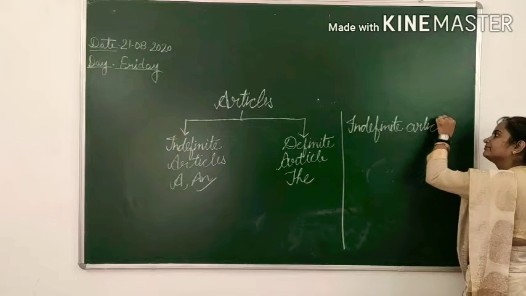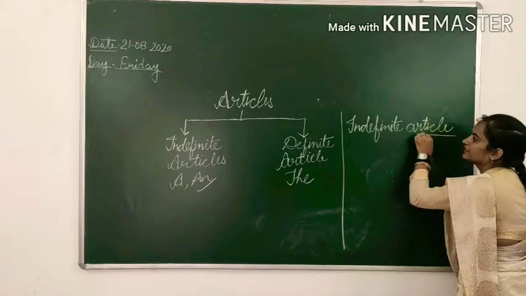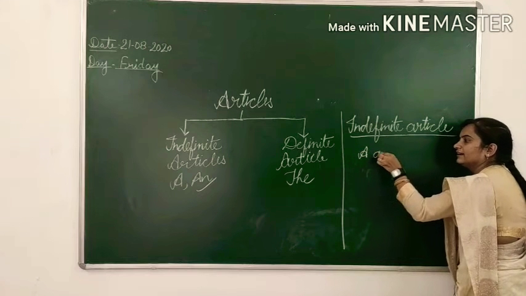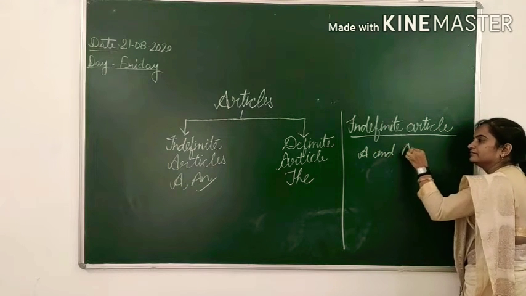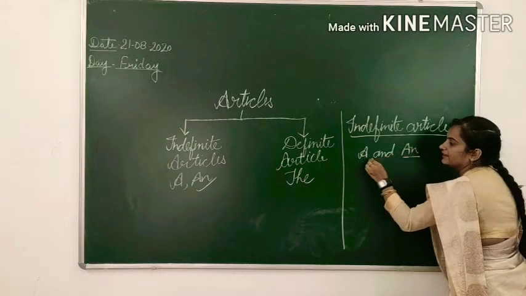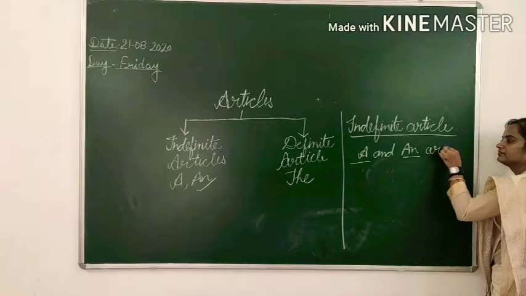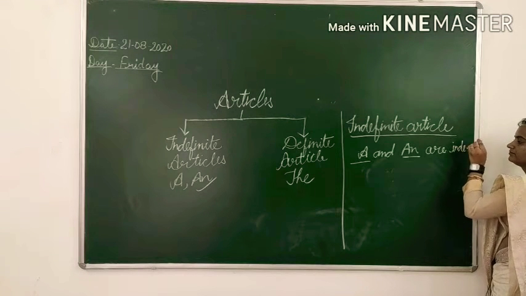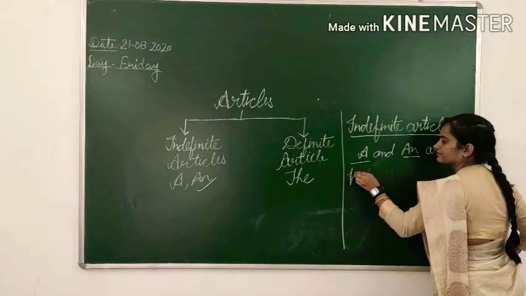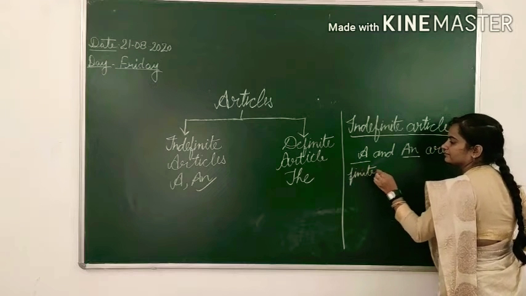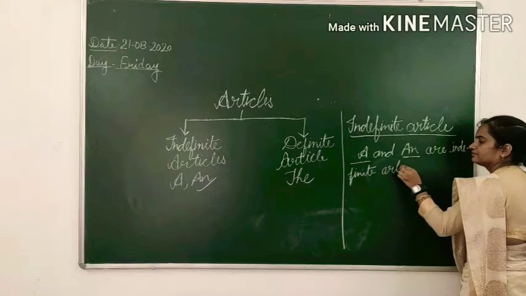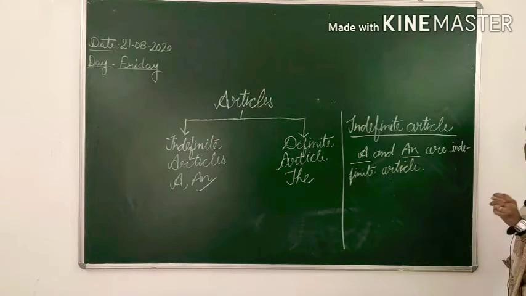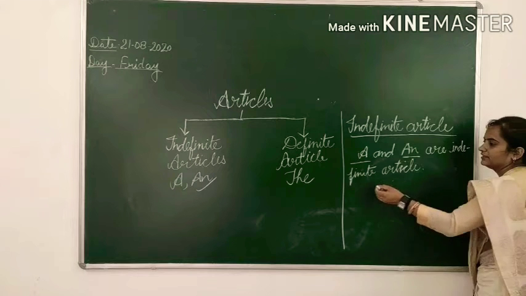A and an are indefinite articles. Now have a look at the use of a and an.